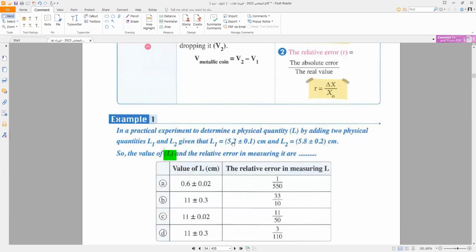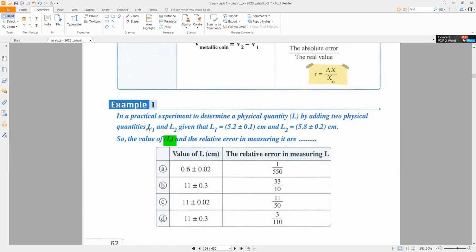We must add 0.1 plus 0.2, which equals 0.3. So the answer will be 11 plus or minus 0.3. And the relative error of its measurement equals the absolute error over the real value, so 0.3 divided by 11, which is about 3 over 100. So our answer will be letter A.